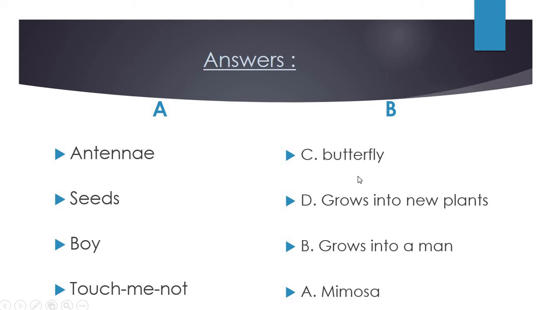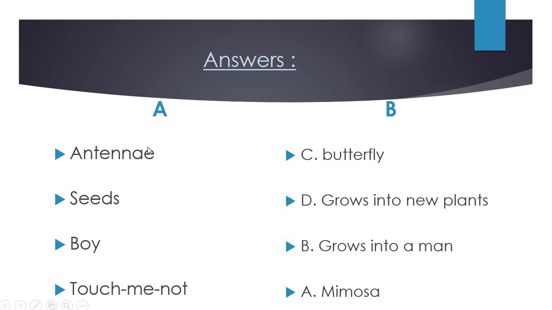Antenna, butterfly, seeds, grows into new plants, boy, grows into a man, touch me not, mimosa. I'll repeat one more time and then I'll change the page, and I hope that in the meantime you might have finished writing.